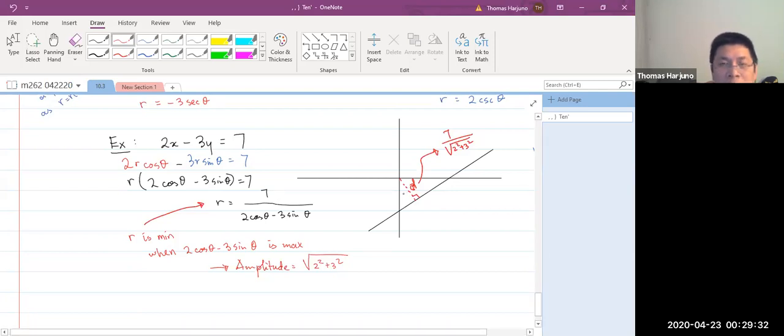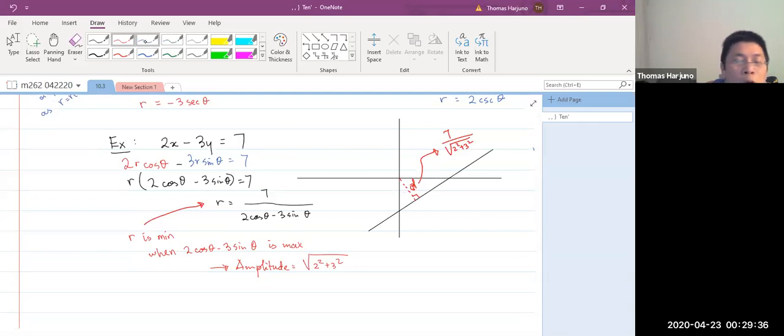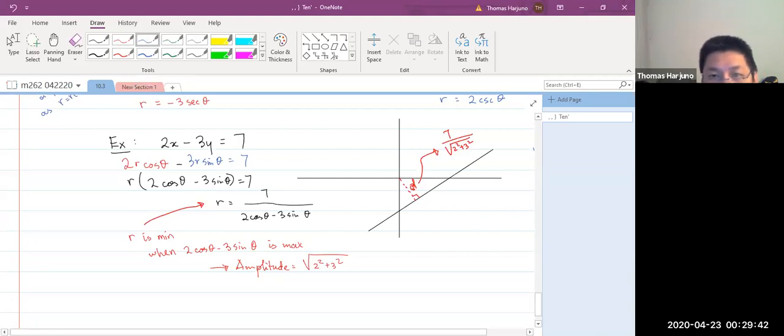That's the distance. In fact, if you know some transformation that you're supposed to learn in trigonometry, this is the angle by which you turn the line. No, it's not really visible, huh? That's because I didn't make it big enough.